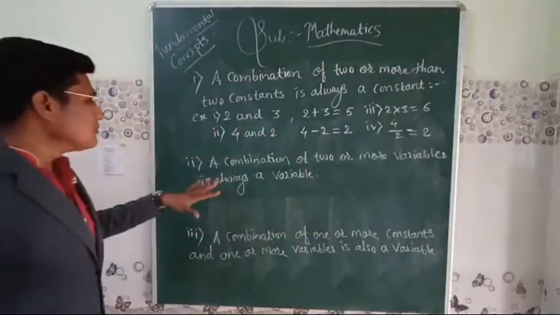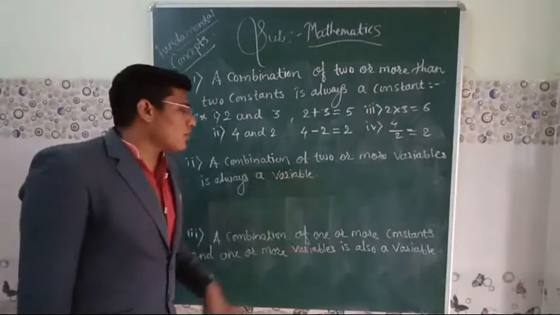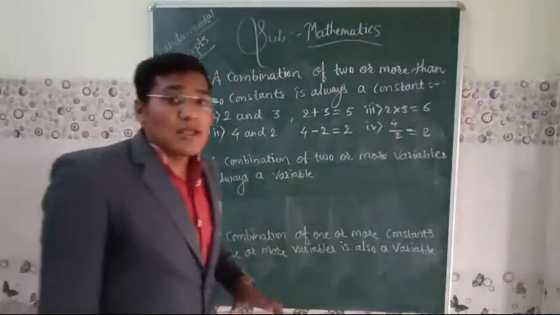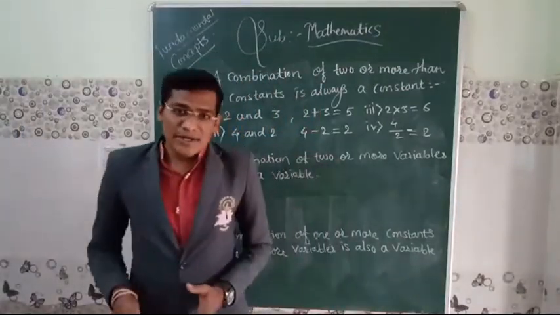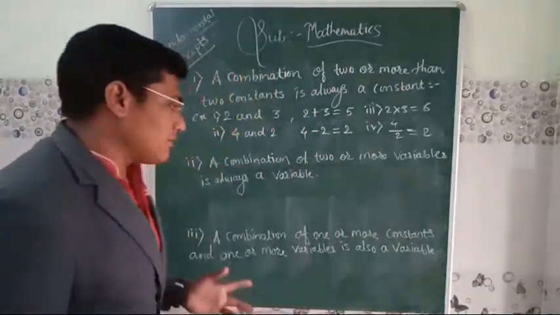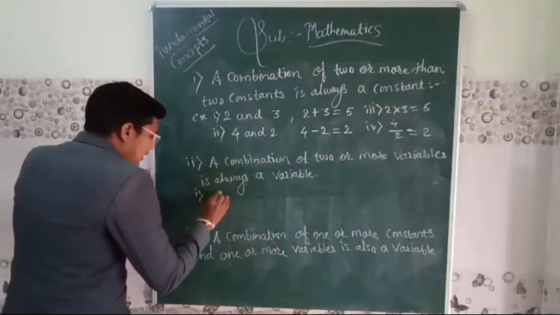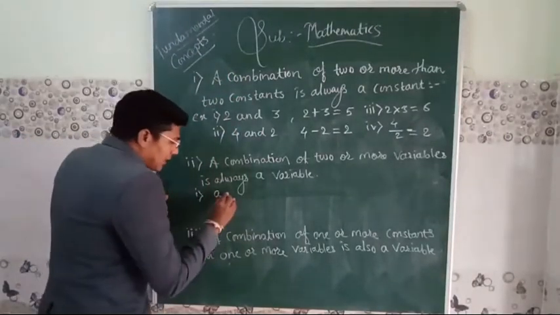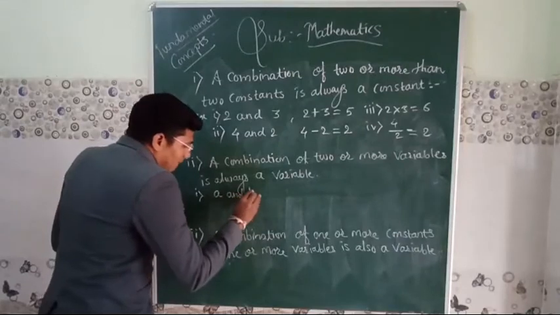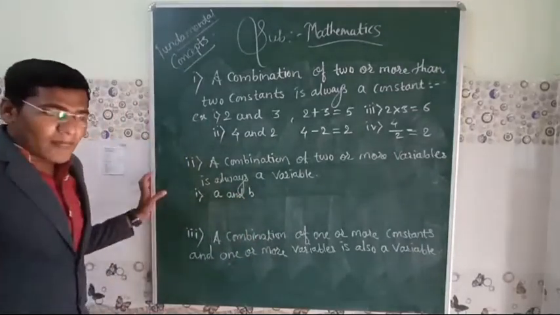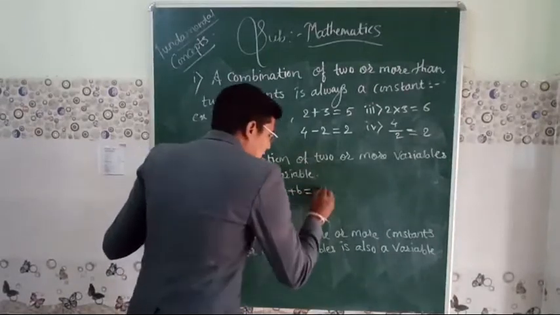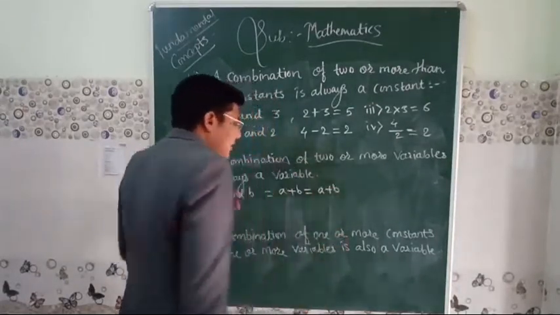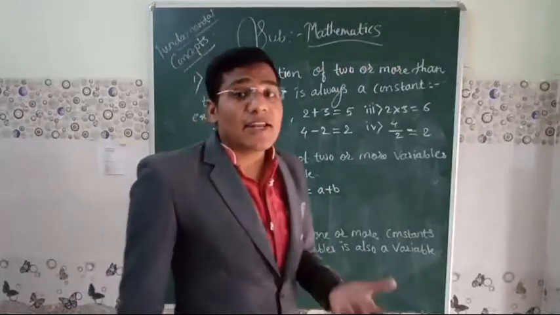Now the next one is: a combination of two or more variables is always a variable. Variables are nothing but the English alphabets. Let A and B be variables. If we combine them, A plus B, it will be A plus B only, and A plus B is a variable.